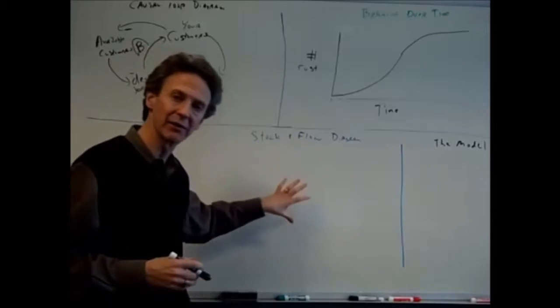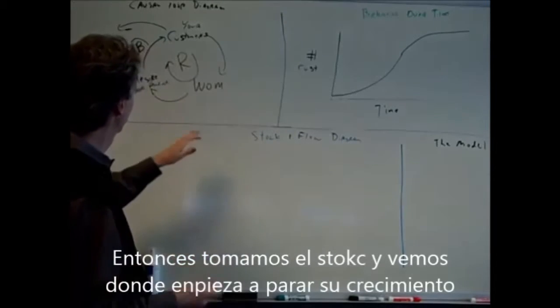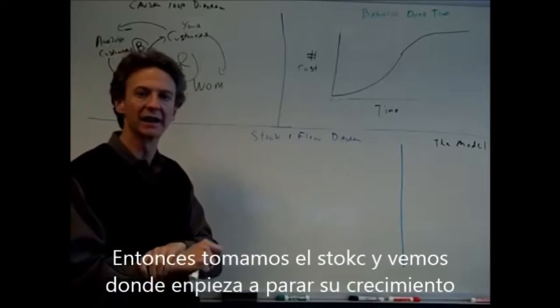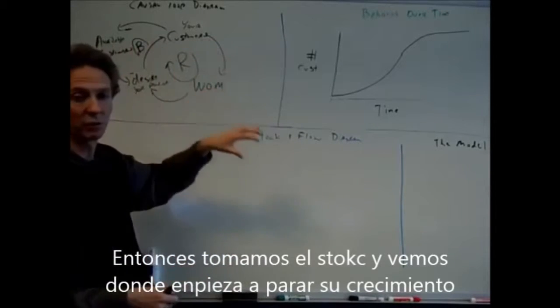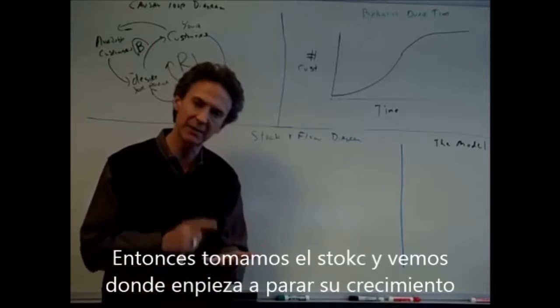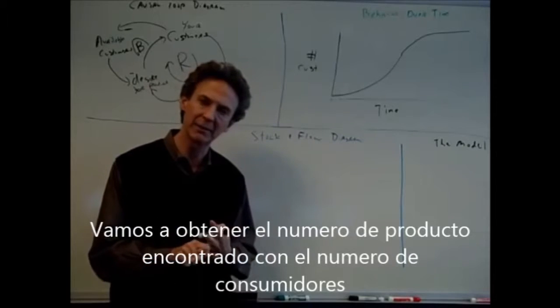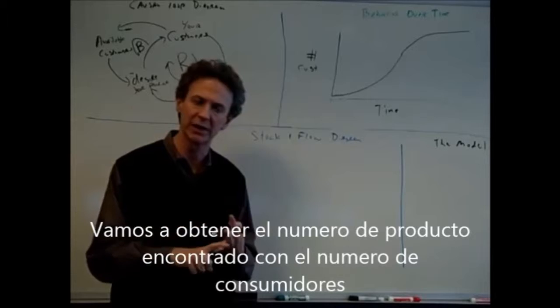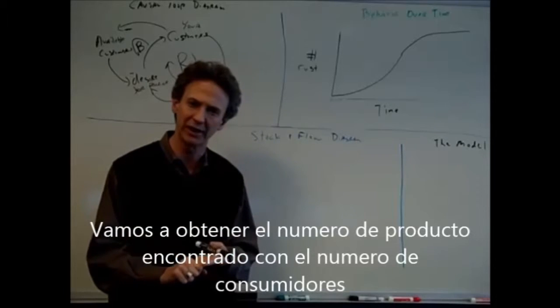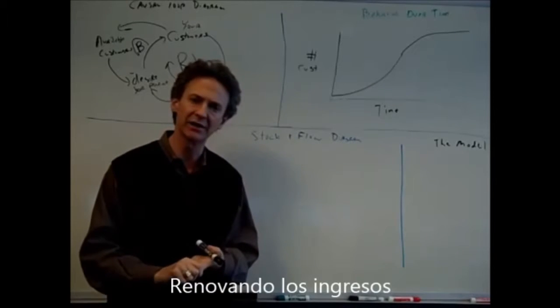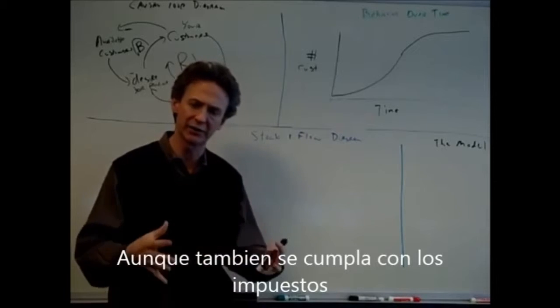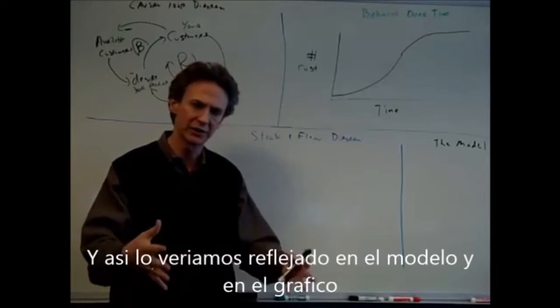So let's do the stock and flow diagram next. The first thing is to choose your stock. Every loop is going to have at least one stock. It's something you can count on a particular day. Popular examples in business are number of customers, number of products, number of employees, revenue, dollars in the bank, number of defects, those sorts of things.